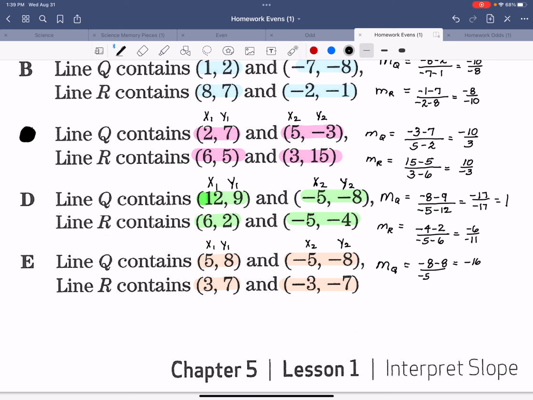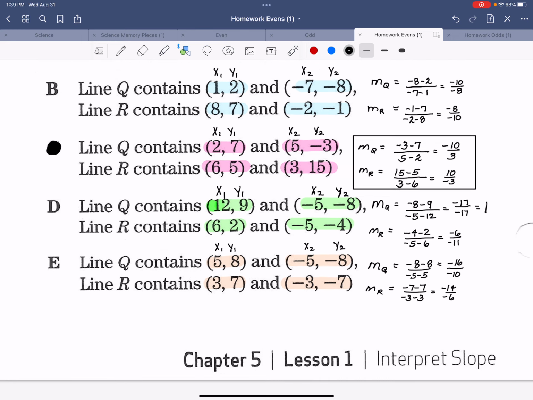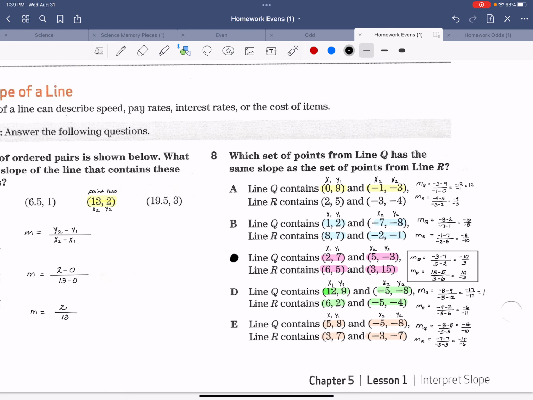And -5 minus 5 is -10. Then the slope of R is -7 minus 7 and -3 minus 3. That's -14 and -6. So those do not match. The one that is the same is right there. What a problem.